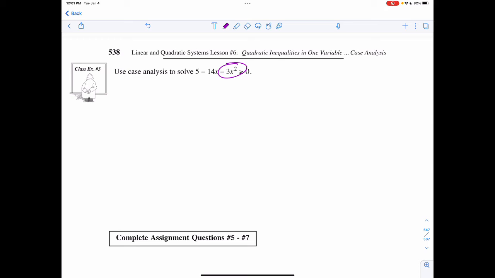You don't have to do it, but it typically makes it so that there's fewer mistakes that happen. So when I do that, then I can say that positive 3x squared plus 14x minus 5 is less than or equal to 0. It's the same as rearranging and multiplying everything by -1.